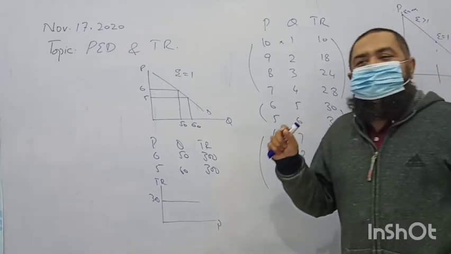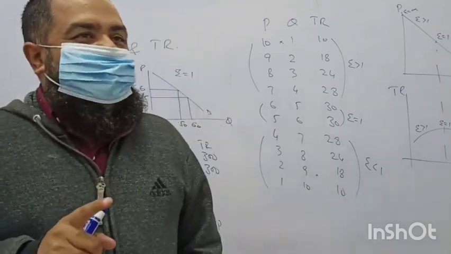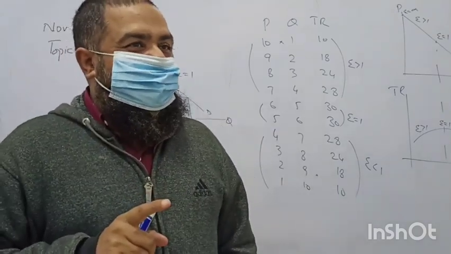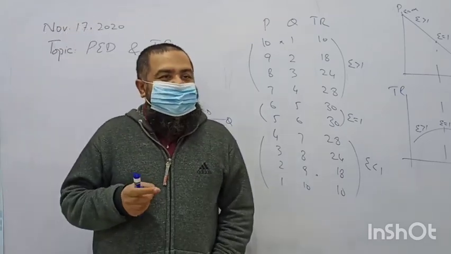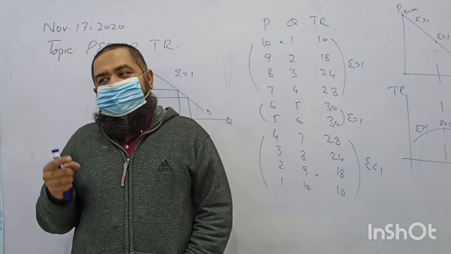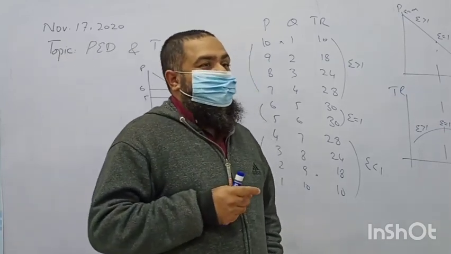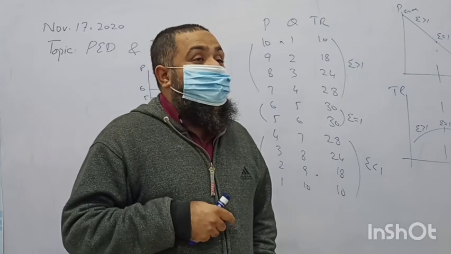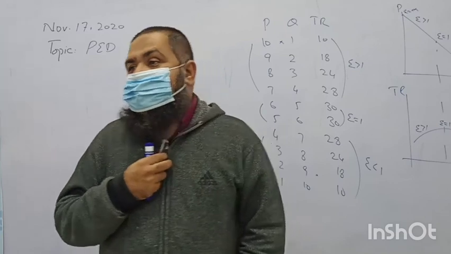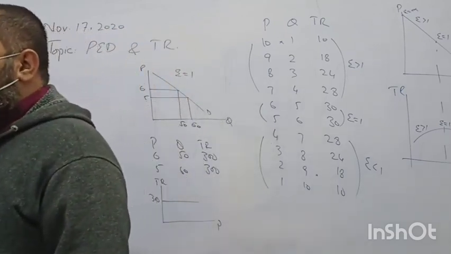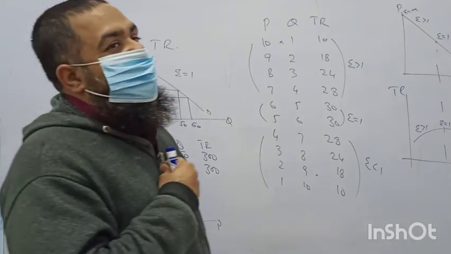Like the necessities, they have inelastic demand, luxuries have elastic demand, and if substitutes are present, then there will be elastic demand. For complementary goods, it will be inelastic demand, and for habit forming and addiction, again, for those buyers, the demand will be inelastic. Those who are addicted to certain products like smoking, alcohol, for them these goods have inelastic demand.